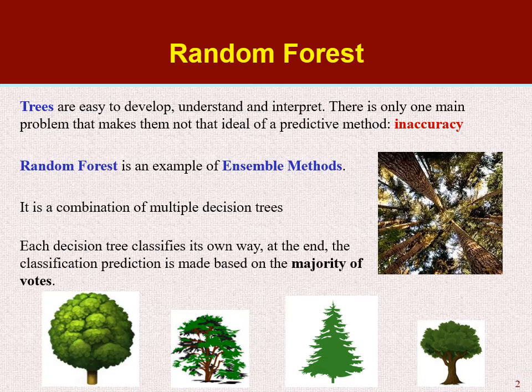Each decision tree classifies its own way. At the end, the classification prediction is made based on the majority of votes. This tends to overcome the problem that decision trees have, and at the same time, keep the good parts of the algorithm.